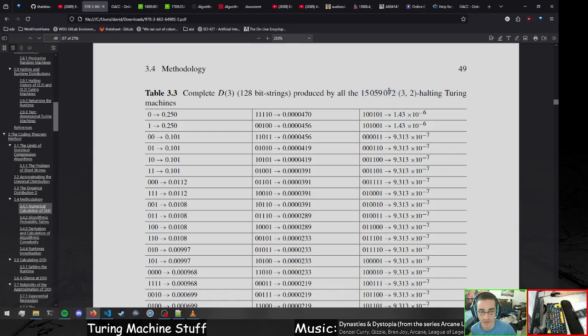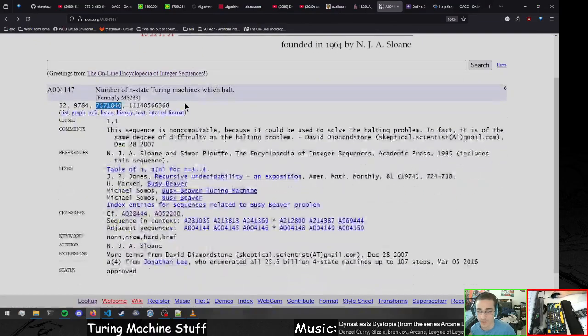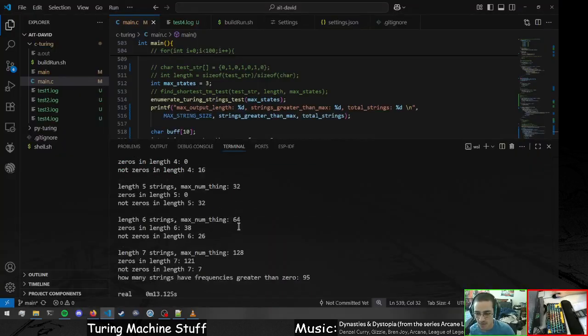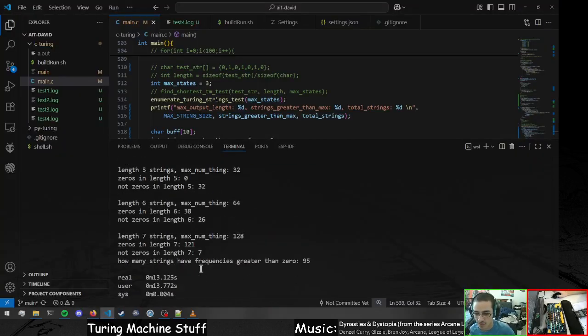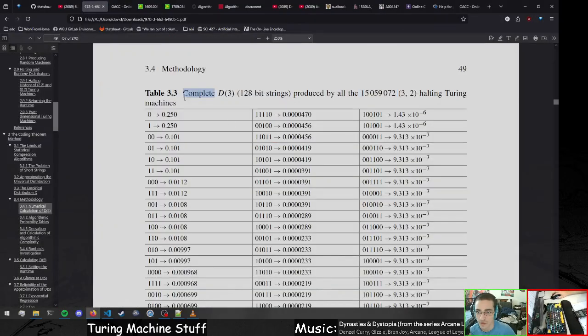Because they got 2 times as many Turing machines, when it even says on this website that it's not even that. So is my thing correct and their thing isn't correct? That would be kind of weird.